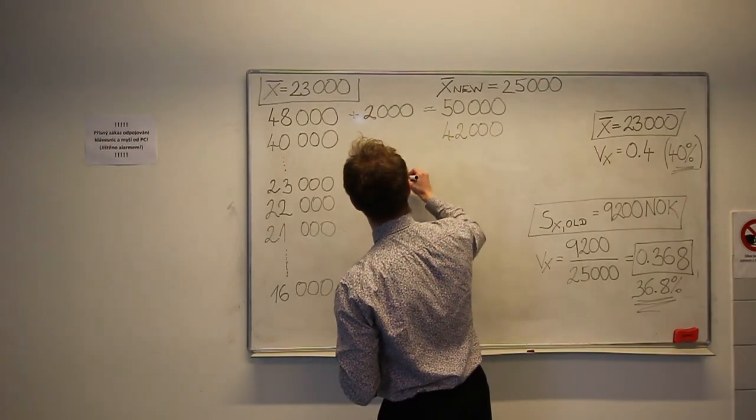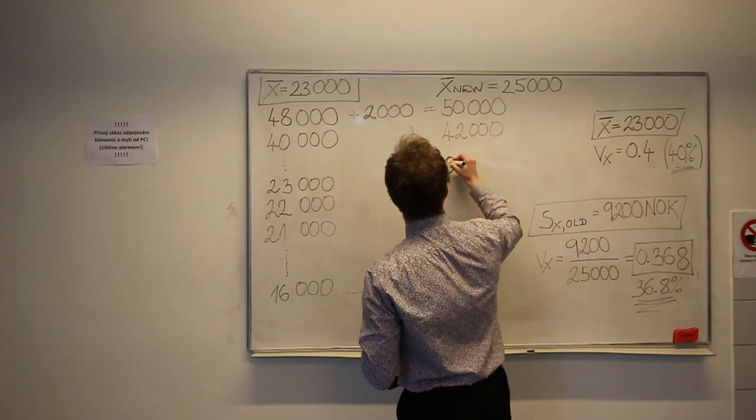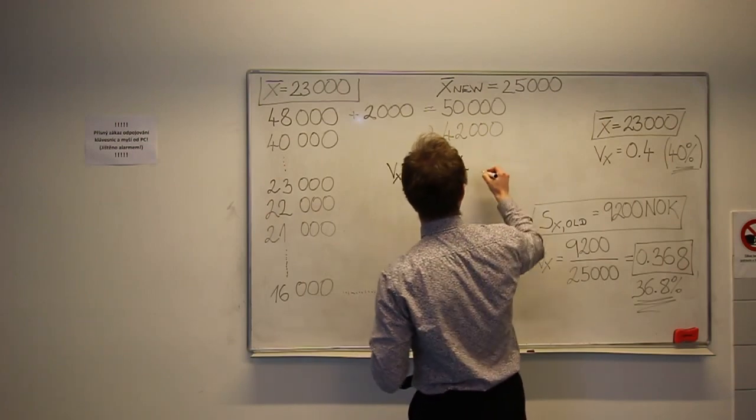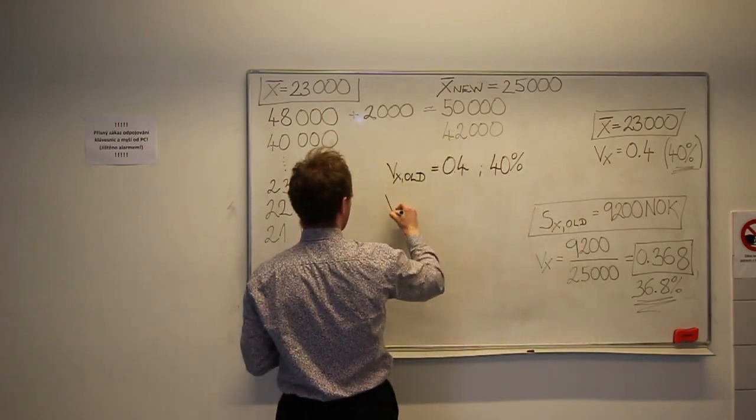So the variation coefficient old is equal to 0.4. This is 40%.